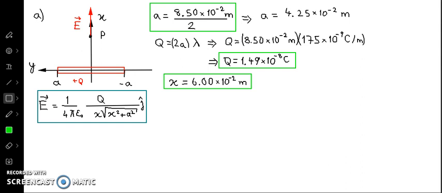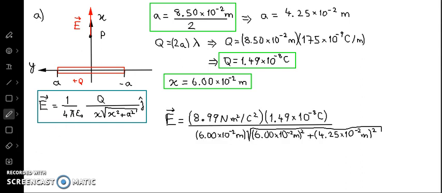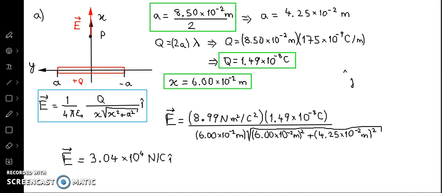We just plug in the values and calculate the electric field at point P. Here I have plugged in all the numerical values. If you go ahead and calculate this, here's what you get: 3.04 times 10 to the 4th newtons per coulomb i hat.